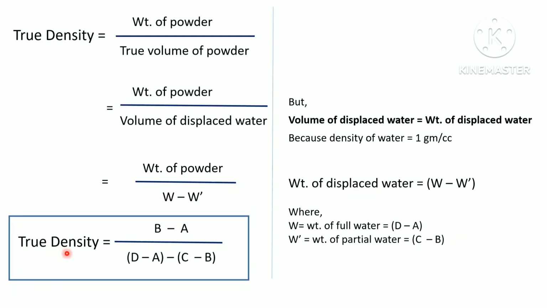So true density of the powder is equal to B minus A divided by D minus A minus C minus B. By placing all the values that we have observed for A, B, C, and D, simply we have to place all those values in the formula to determine the true density of the given powder sample.